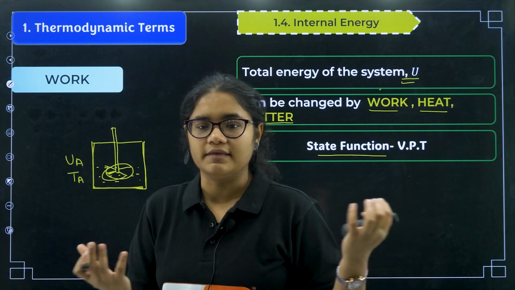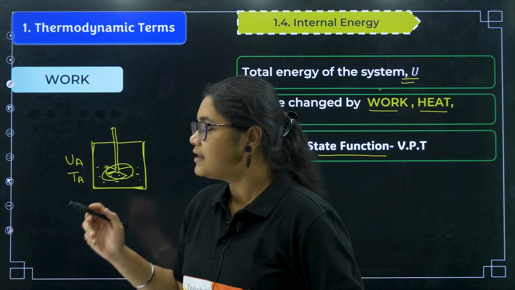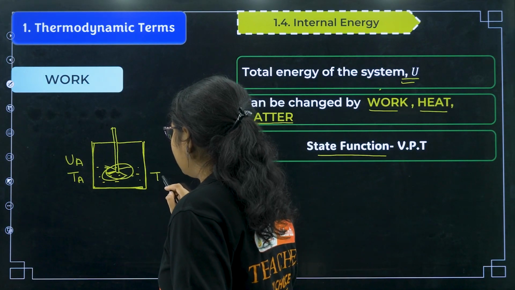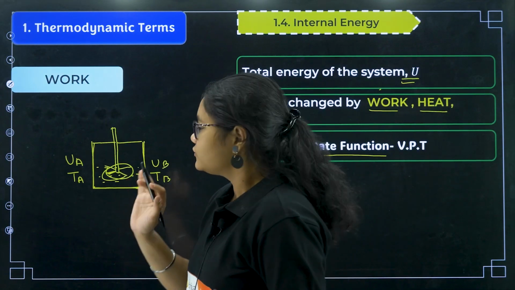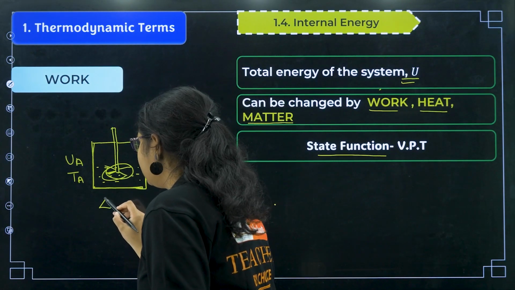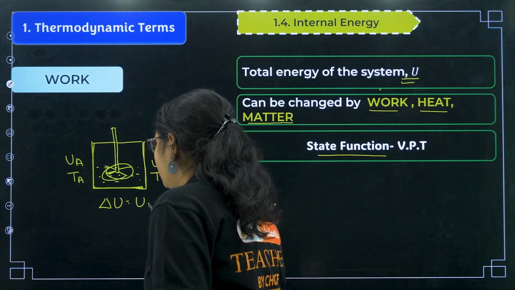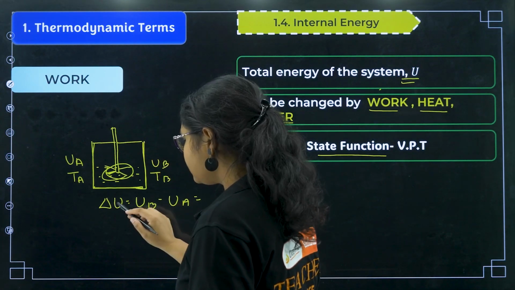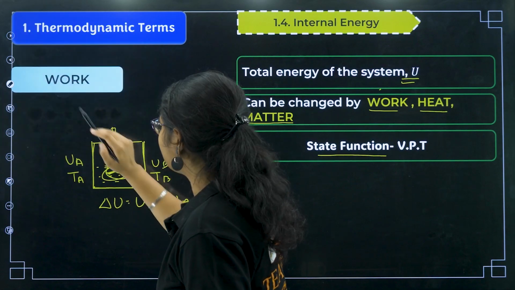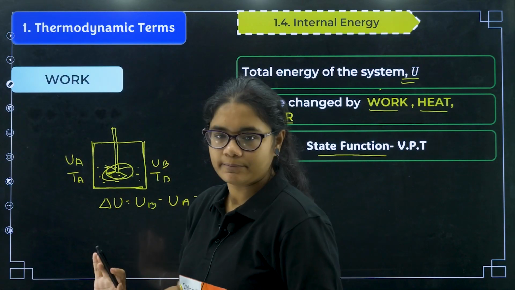They will rotate, they will vibrate more rapidly, right? So now this becomes temperature TB, and the internal energy becomes UB, right? So the change in internal energy will be equal to UB minus UA, right?